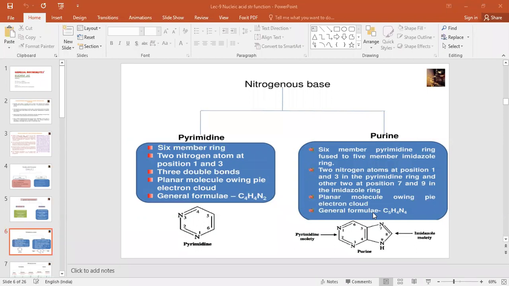Now tell me the amino acid in which the imidazole ring is present. Give me the name of the amino acid, quickly. Give me the name of the amino acid in which the imidazole ring is present as a side group. Have you done with your assignments now? Tell me the name of the amino acid.